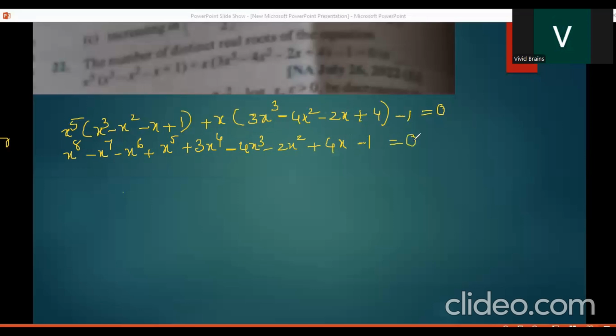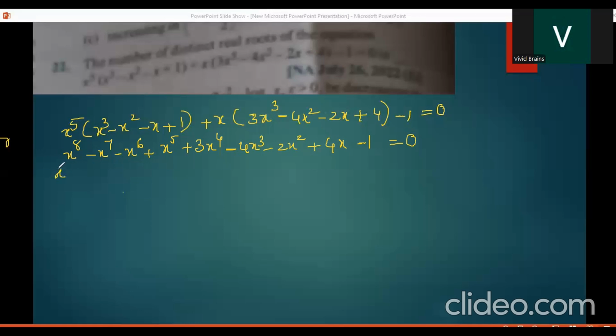Now you observe here: x^8 and x^7, x^6 and x^5, each is one power less than the previous. So can we take any common factor? Because we are factorizing, we try to take out common things.